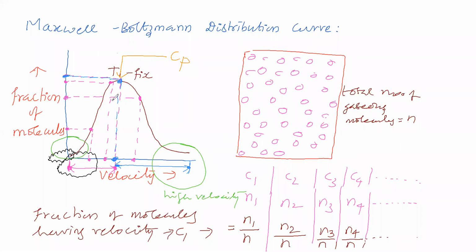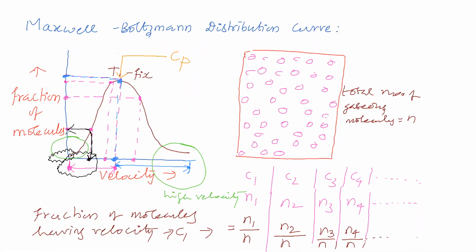Then we said when temperature increases, velocity increases. What is the meaning of that? We will see. Now we take this velocity. At T1, so and so fraction of molecules have velocity C1.